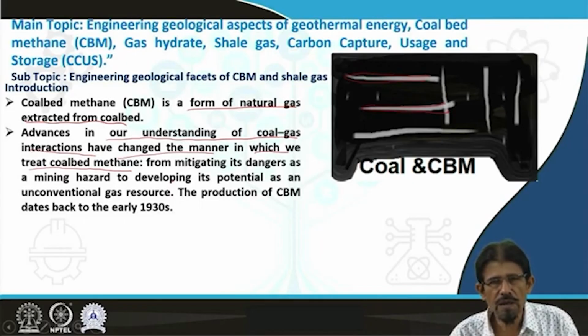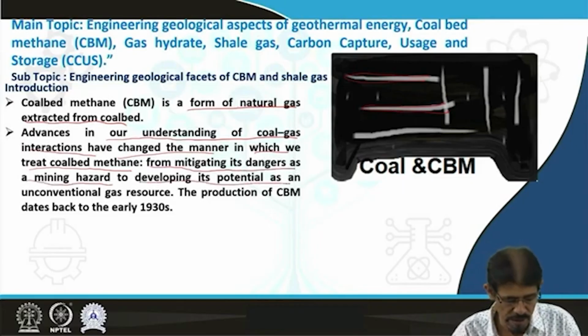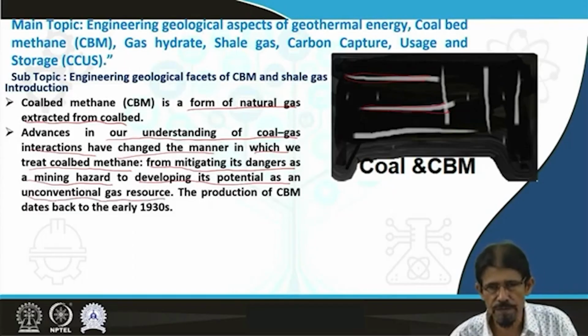Earlier, methane was a hazard for miners and sometimes caused health hazards and even fatalities. With advances in technology, we have moved from mitigating its danger as a minor hazard to developing its potential as an unconventional gas resource.